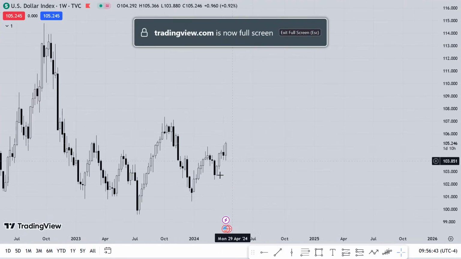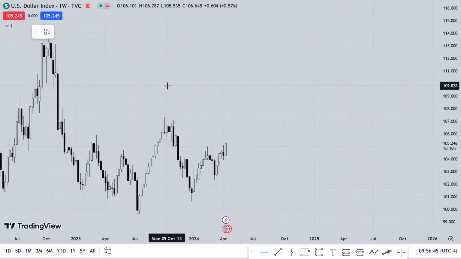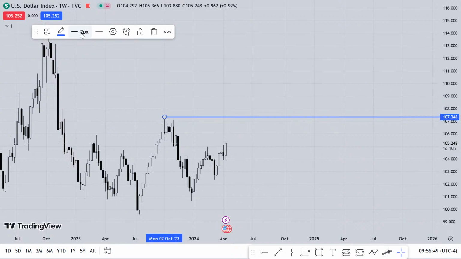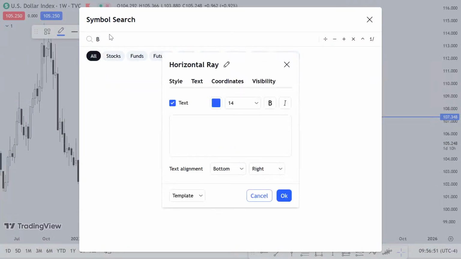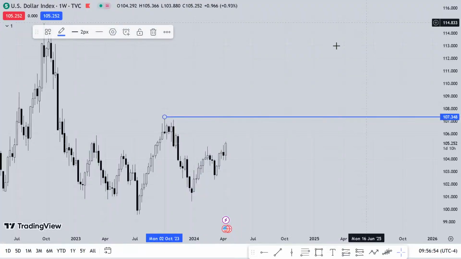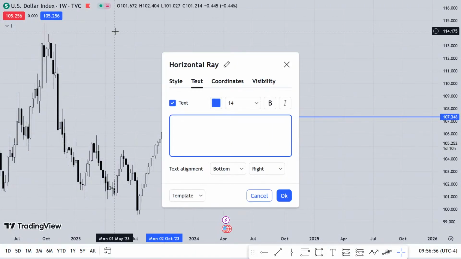Okay. So this is buy side. This is our target from the weekly time frame. So our long term buy side.